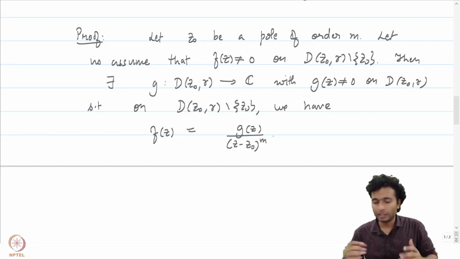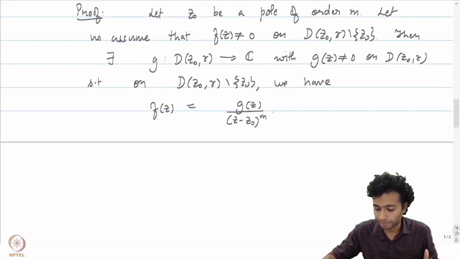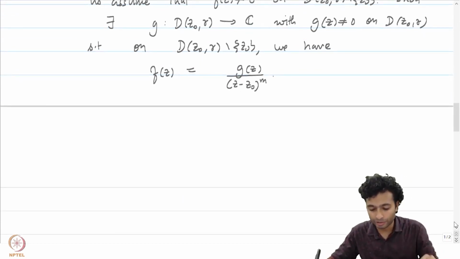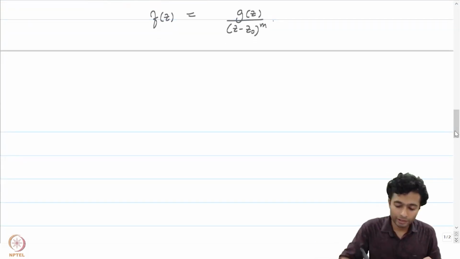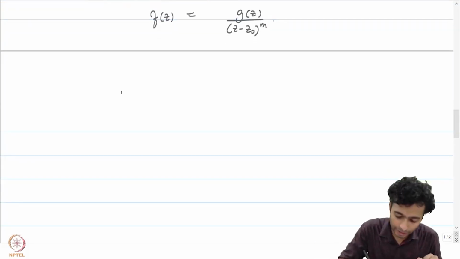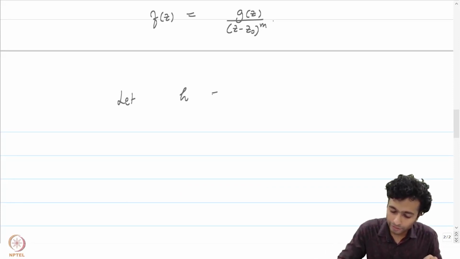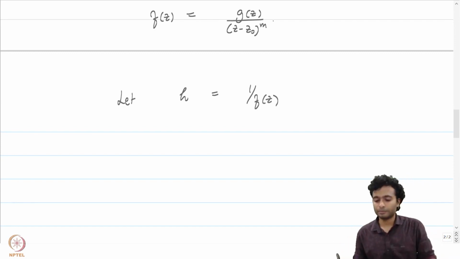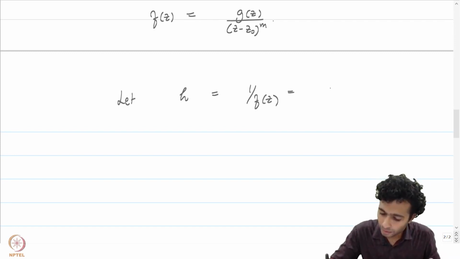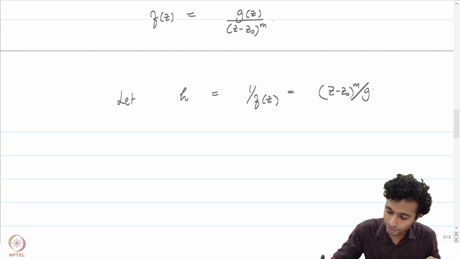This is precisely the definition of a pole of order m. So g is not going to vanish over there. Let us now define the function h to be 1 by f(z), which is equal to (z minus z0) to the power m divided by g(z).